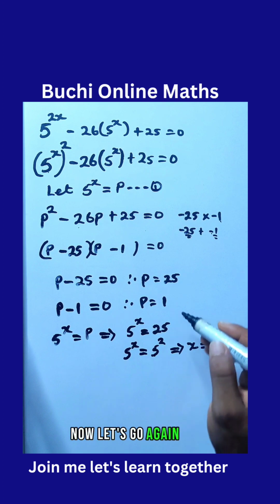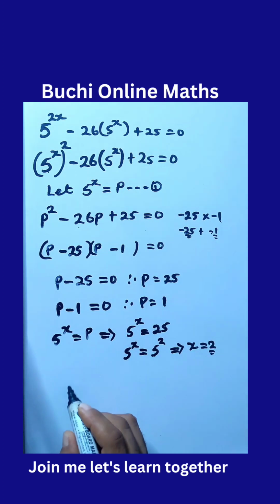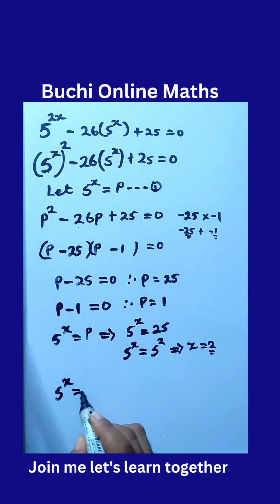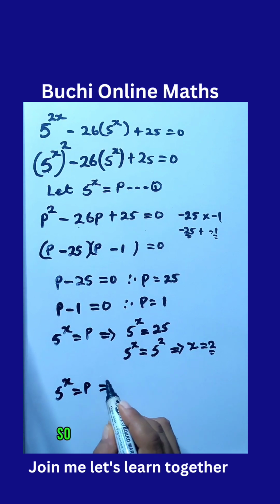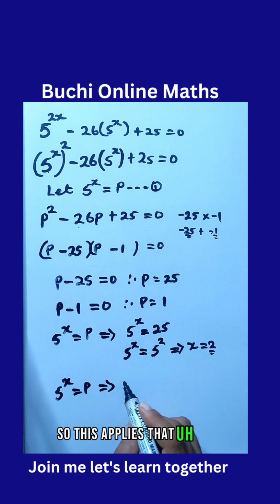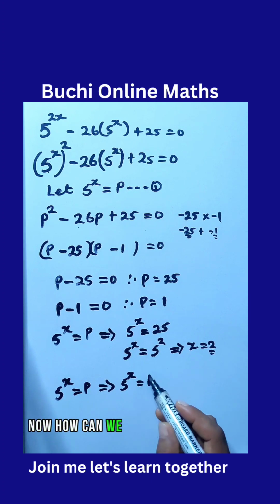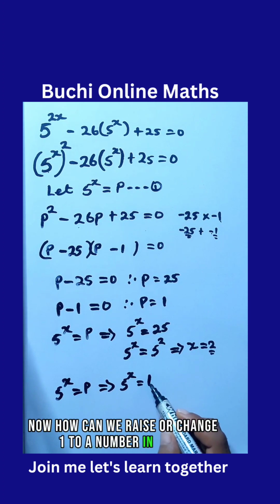Now let's go again when the value of P is 1. From this equation, we have 5 raised to power x equals P, so this implies that 5 raised to power x equals 1. Now, how can we change 1 to a number in base 5?